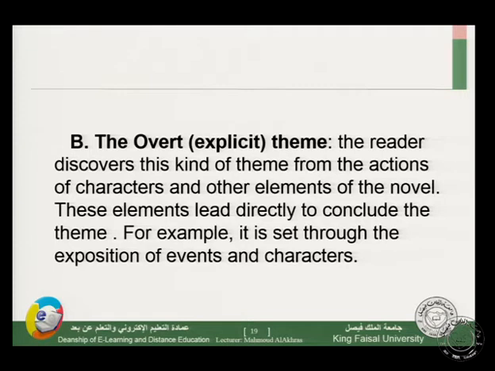It's clear, and we can get it by surface reading. So again, it's overt, it is not covered. Another name for this theme is explicit. These elements lead directly to conclude the theme. For example, it is set through the exposition of events and characters.